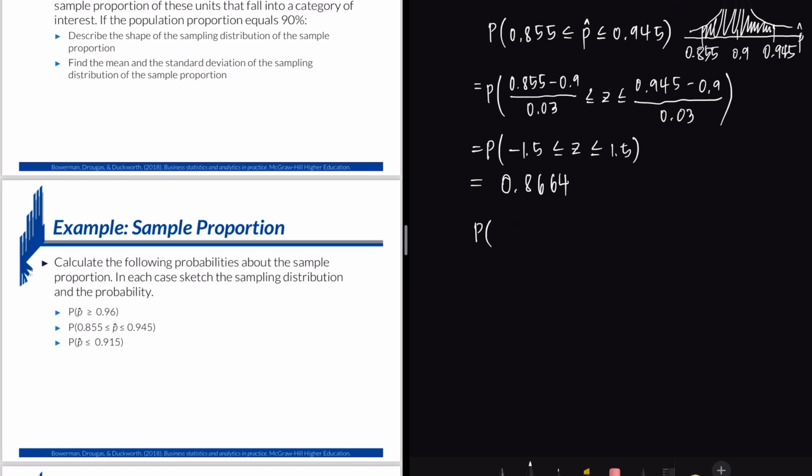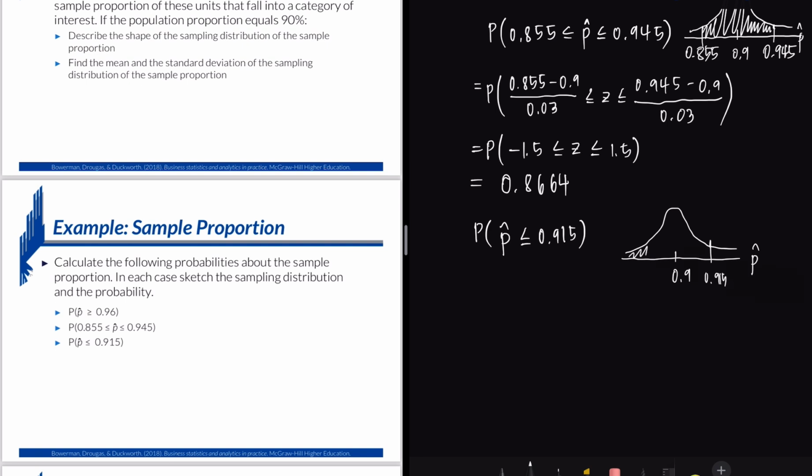Finally, if we were to solve for the probability that the p hat is less than or equal to 0.915, first, if we sketch this particular probability, again, we know that the value at the center is 0.9 and 0.915 is somewhere to the right of 0.9.